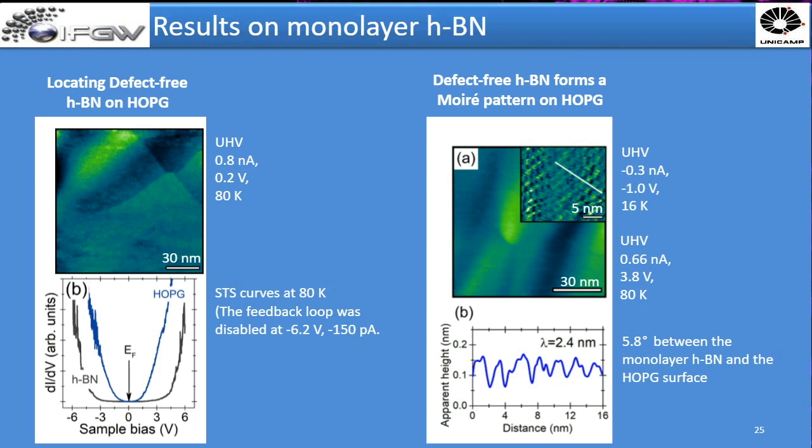And we could also see that in some regions we could observe this kind of imaging, which is a Moiré pattern, which means that since the epitaxy is not perfect, the HBN decided to rotate a little bit on top of the HOPG to accommodate itself.